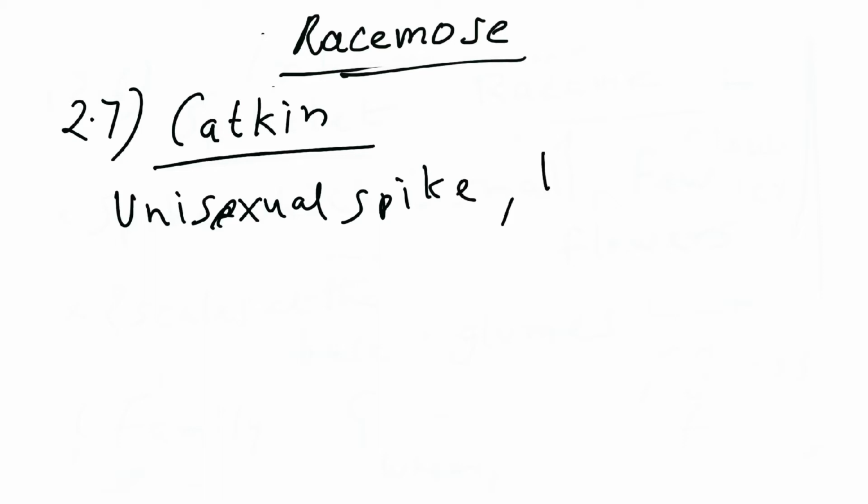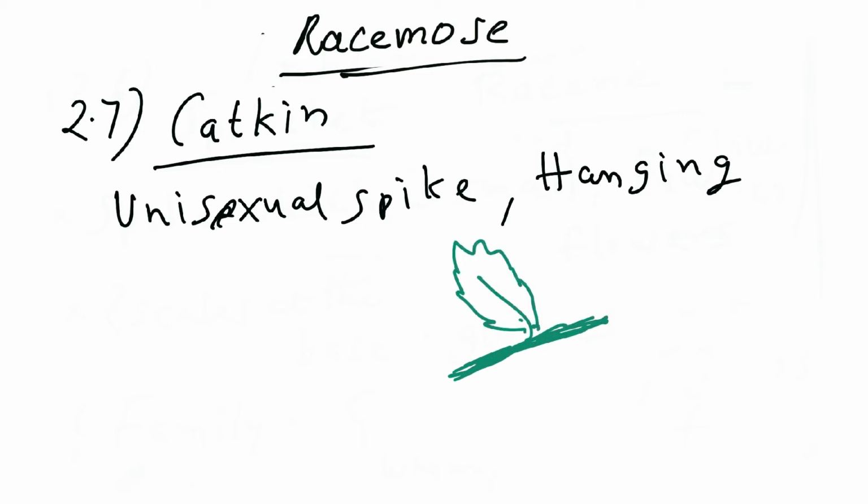It's a kind of spike, but here the flowers are unisexual, which basically means that you either have the female flowers or the male flowers. You don't have a case where both the male and female flowers are found together. And a very characteristic feature of catkin is that the whole thing develops as a condensed group-like structure, and it's usually found hanging.